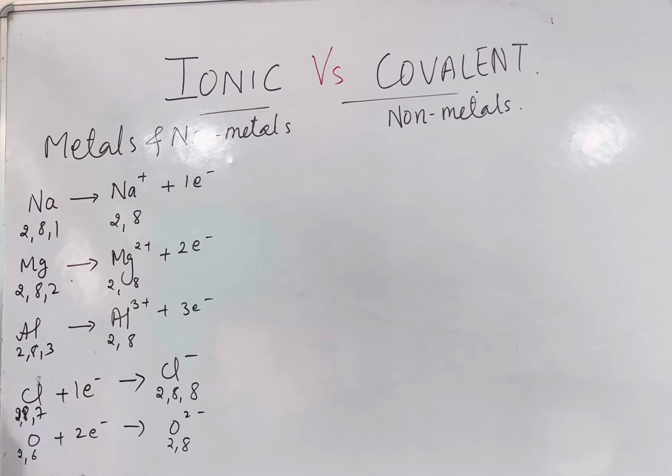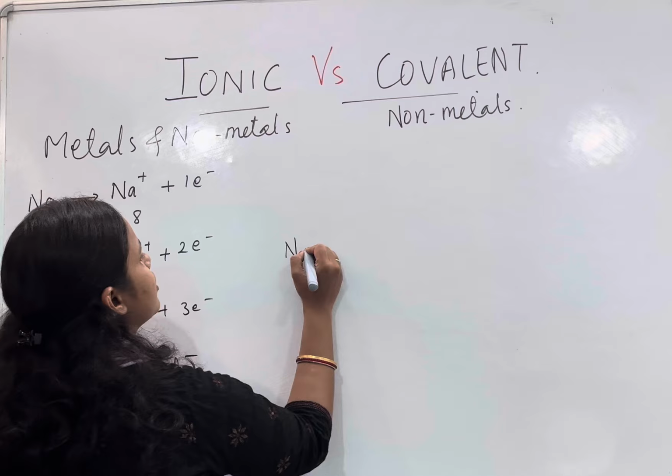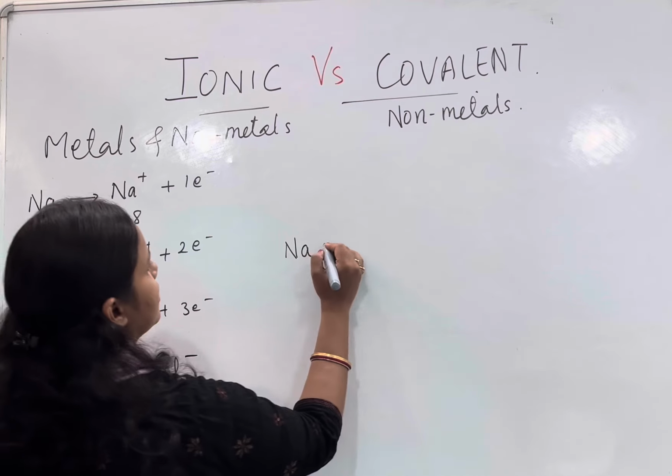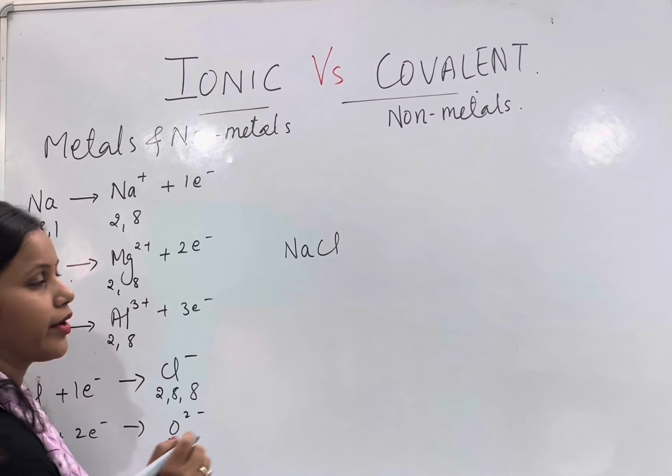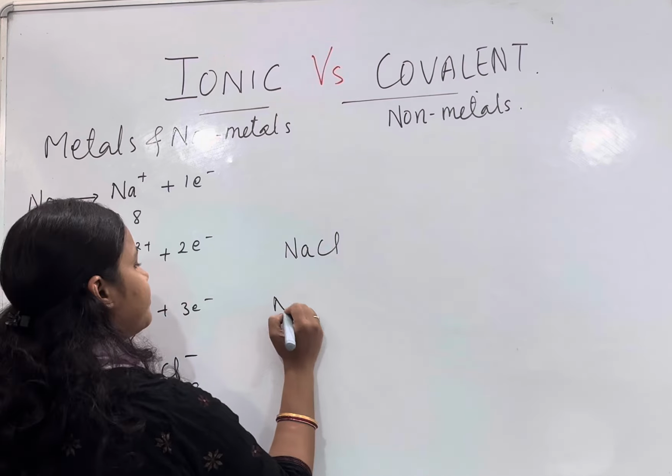So when the bond is formed between these two, for example, sodium chloride, how is this ionic compound formed? Sodium has 1 electron in its outermost shell, chlorine has 7 electrons in its outermost shell.